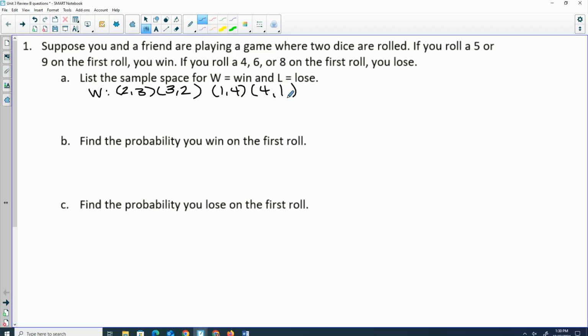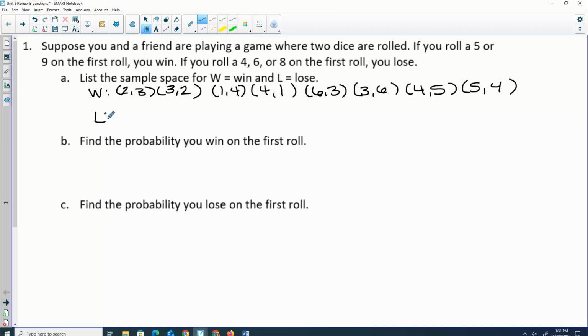We could also win by getting a 9. So how can we get 9? 6 and 3, or 3 and 6, 4 and 5, 5 and 4. Okay, so that's my sample space for winning.